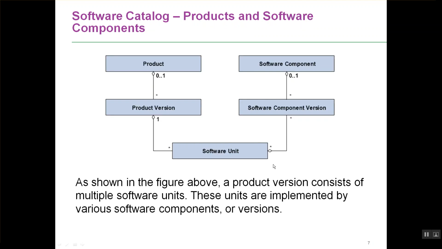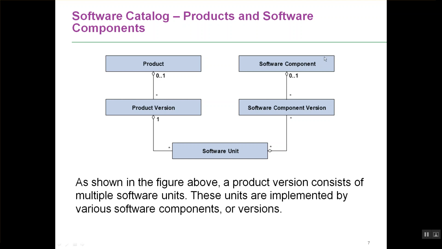So what is the relationship between the two? Using the example that we looked at, a software product is nothing but SAP R3 or SAP ECC. A product version is R3 4.6c, 4.7b. So each product can have multiple product versions, right? That is why the relationship between a product and a product version is 1:n.